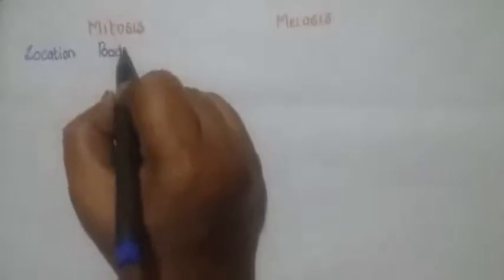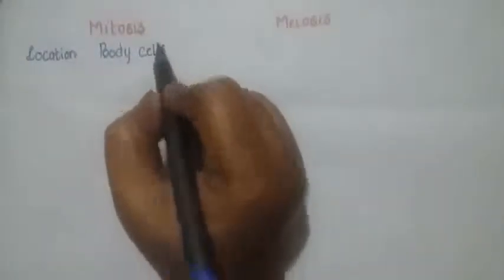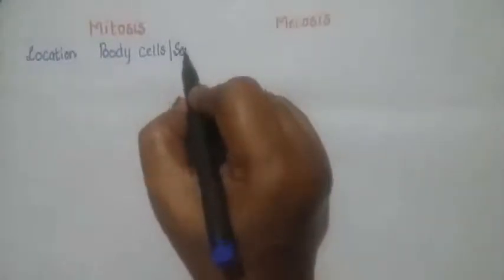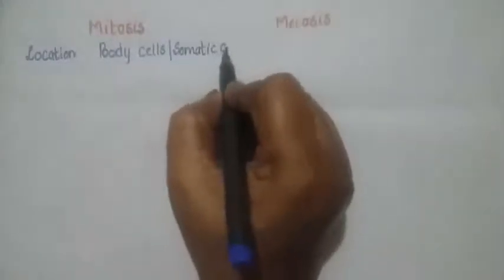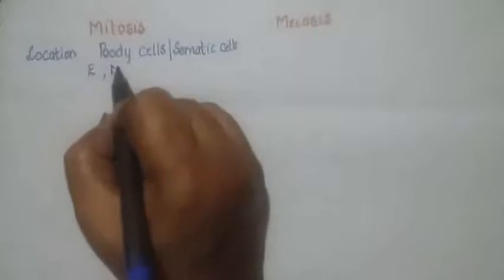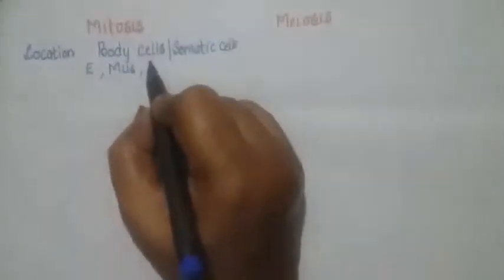Now, where do these cell divisions occur? Mitosis occurs in all the body cells except the reproductive cells. In all the body cells, or we call them somatic cells, that is, your epithelial cell, your muscular cell, your bone cell.